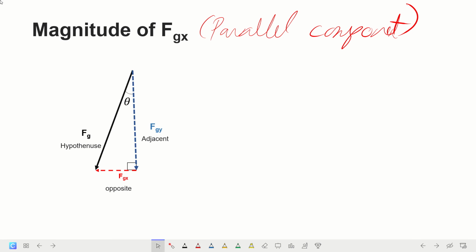So recall in trigonometry, since we have here a right triangle, we can use the trigonometric functions. For right triangles, sine is equal to opposite divided by hypotenuse. So which here is the opposite, and which is the hypotenuse? Opposite to the given angle is this side.